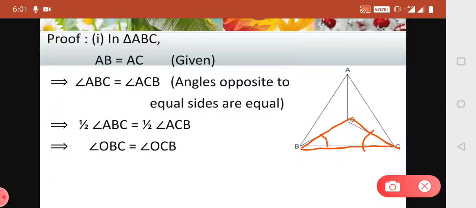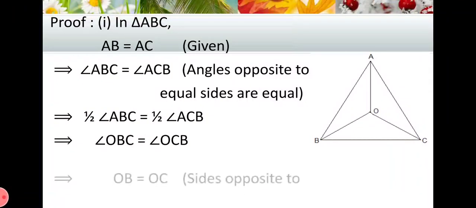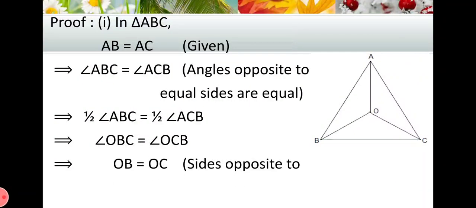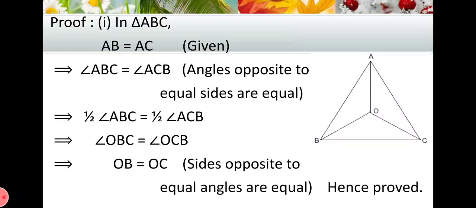So we'll get these two sides, that is OB equal to OC, according to theorem 7.3, which states that sides opposite to equal angles are equal. Implies that OB equal to OC. Hence proved.